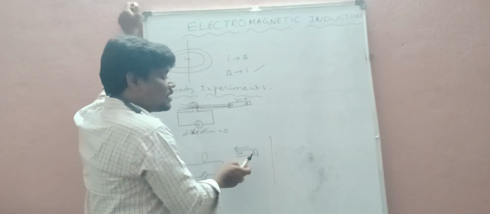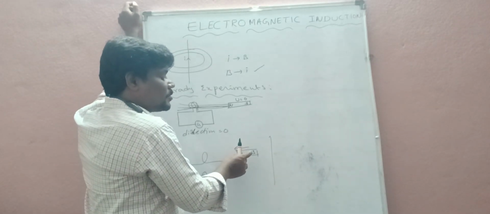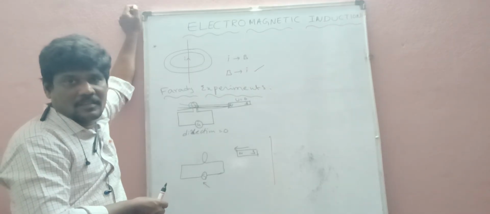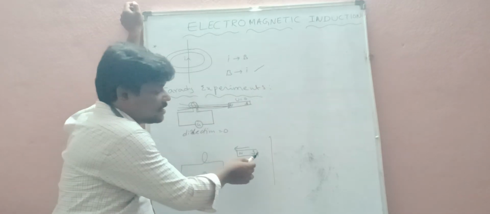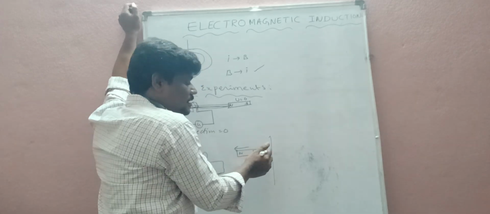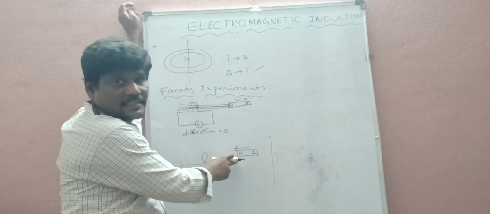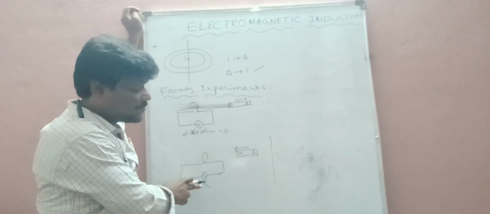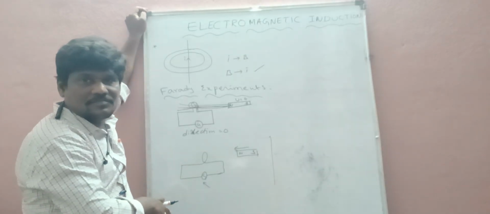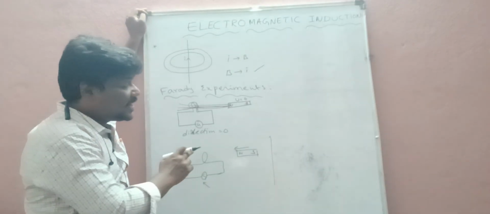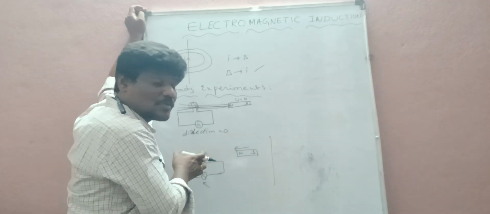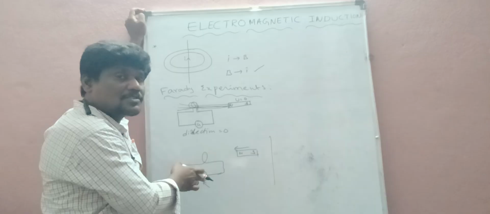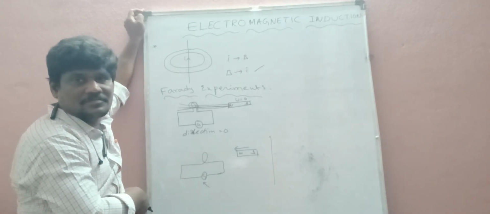Similarly, when the poles of the magnet change, when the south pole of the bar magnet is moving towards the coil, the galvanometer shows the deflection on the right side. When the south pole is moving away from the coil, the deflection in the galvanometer shows the other side.